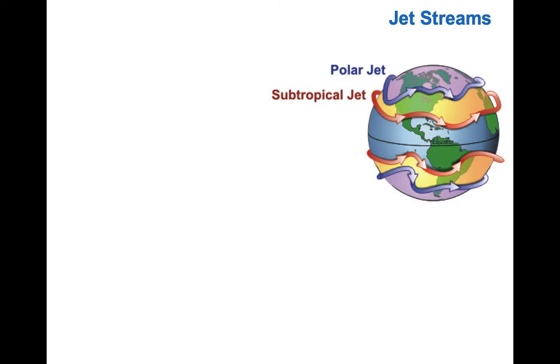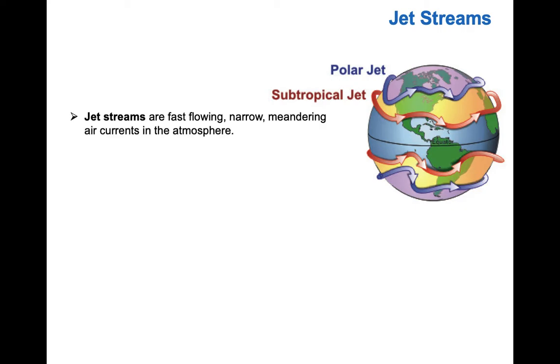So one of the most important phenomena in terms of the atmospheric circulation patterns is the jet streams, and you hear so much about jet streams when you watch TV, and the weather patterns. Meteorologists tell us quite often about what the jet streams are doing in our state. Jet streams are fast-flowing, narrow, meandering air currents in the atmosphere.